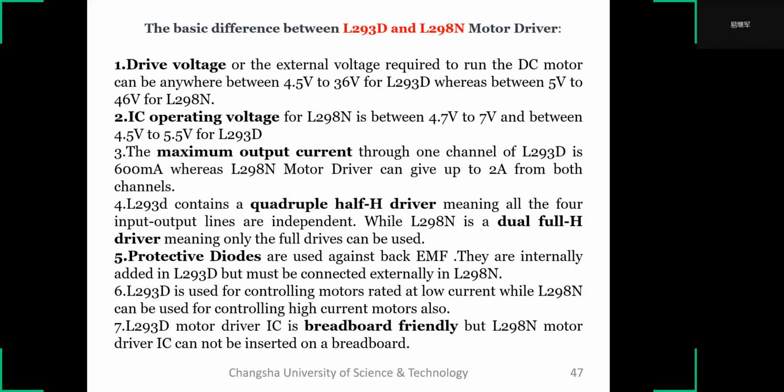This is some introduction about the difference between L293D and L29HN. You can use L293D or L29HN for your circuit. Maybe you can do both.